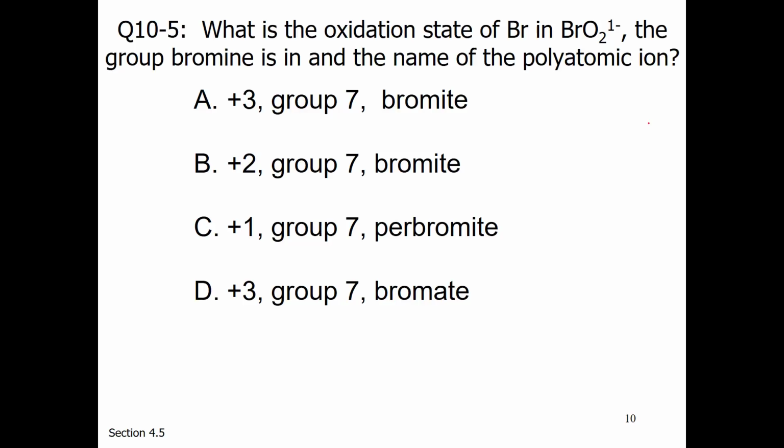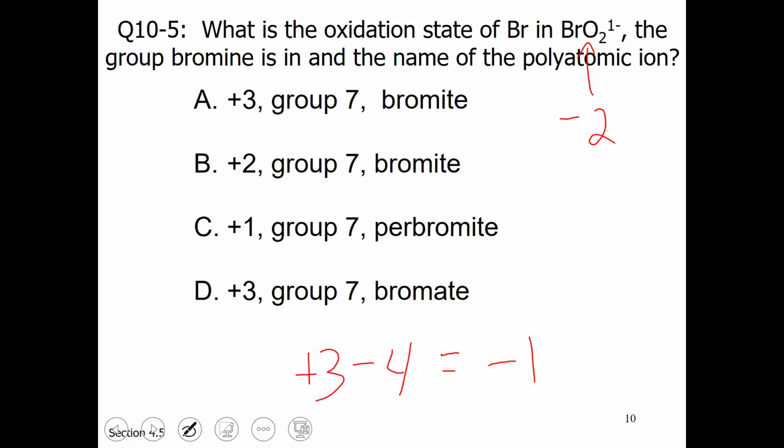The sum of the oxidation states must add up to -1. Each oxygen is going to be -2, so that leaves us with -4. So +3 is going to be our oxidation state of the bromine. So certainly not answers C or B. Since +3 is the third highest oxidation state, it's going to have an ending of -ite. So that one would be called bromite.